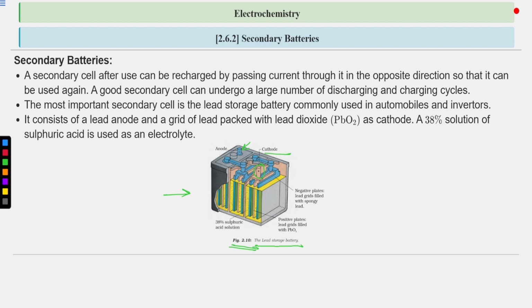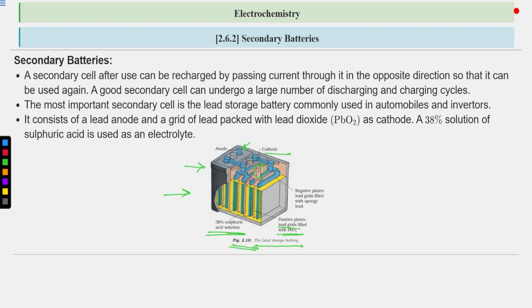The cathode is red, the vertical red plates are positive plates, which are lead grids filled with lead oxide. The yellow part, present in large amount, is the 38% sulfuric acid solution acting as the electrolyte, in which both the anode and cathode are dipped. And this is the structure of our secondary battery, the lead storage battery.